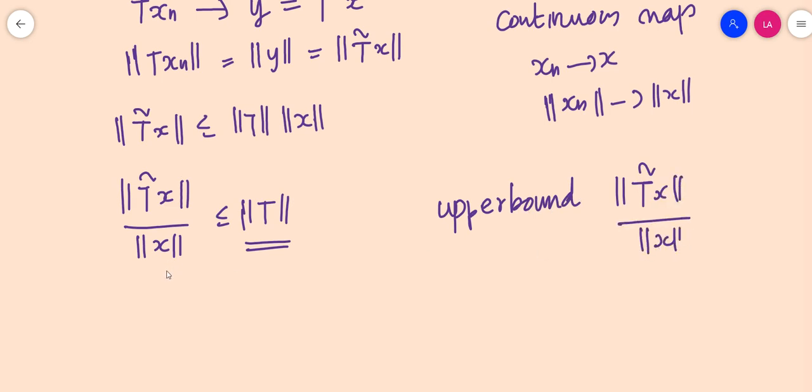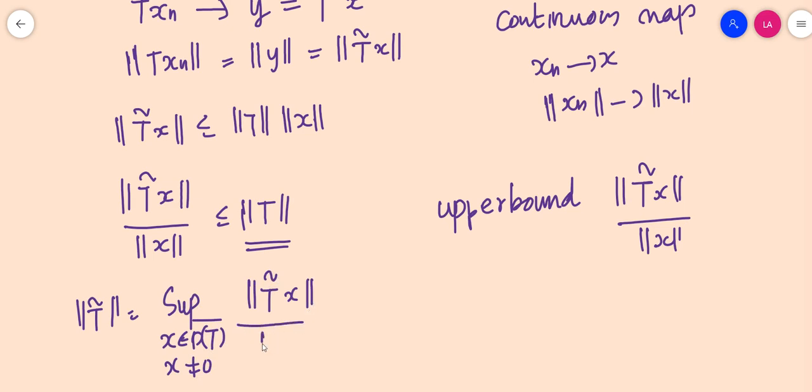Okay, now this norm T tilde should be equal to the supremum over x element of D(T), x not equal to 0, of norm of T tilde of x by norm x. And supremum is always less than or equal to an upper bound. Supremum is the least upper bound.